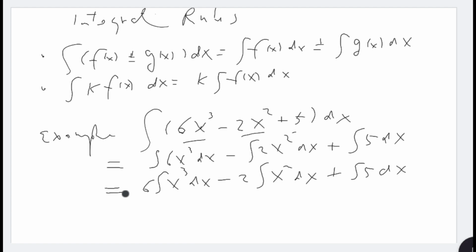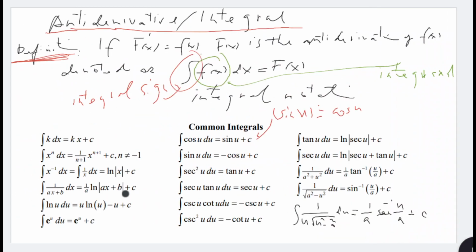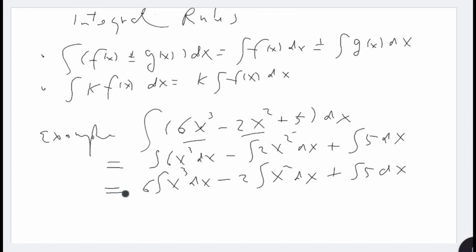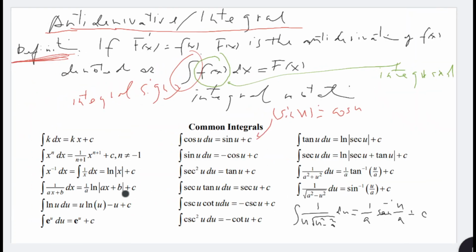To completely finish the problem, we apply the individual formulas. First we need the power rule. See, this is the third power. We're going to use the power rule, like here. The power rule says if you integrate the nth power, you get 1 over n plus 1 times x raised to n plus 1.